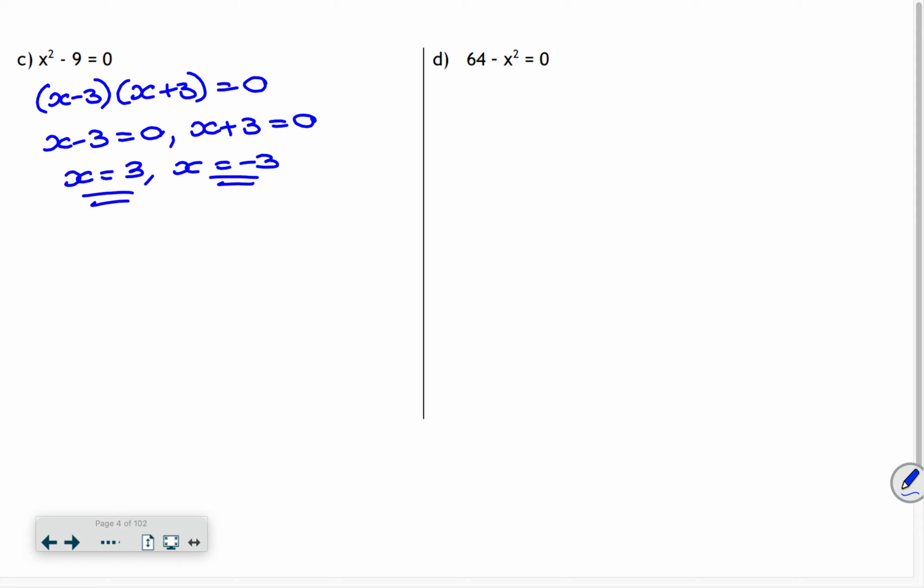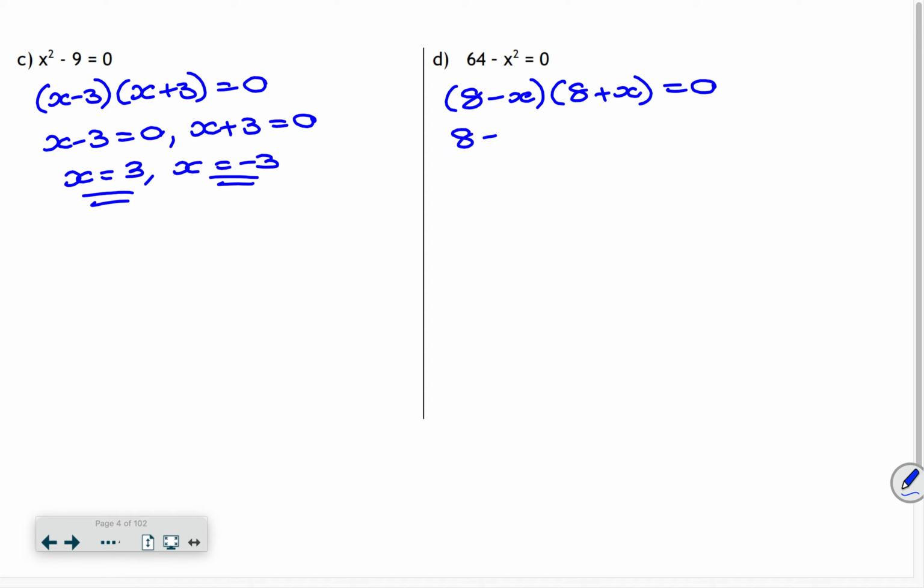The next one we have is 64 minus x squared equals 0 again. That's another difference of two squares because 64 is a squared number, x squared is a squared letter, and it's separated by a minus. So we'll get 8 minus x, 8 plus x is equal to 0.